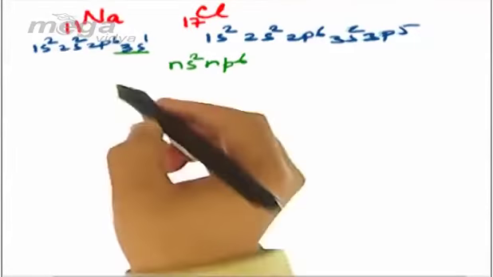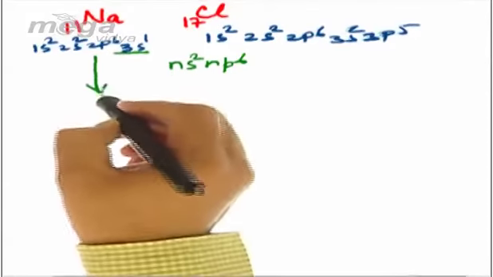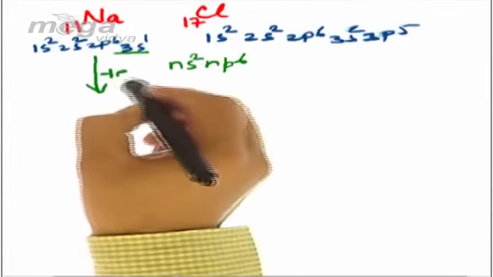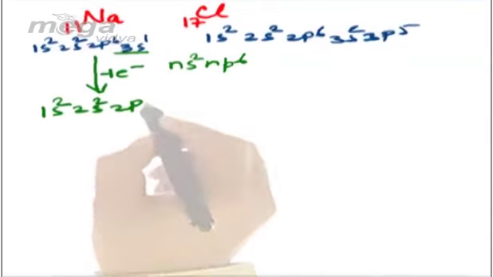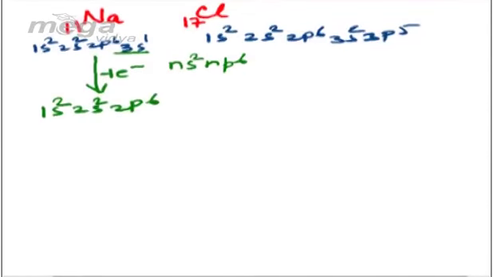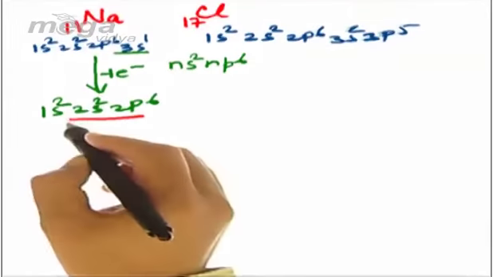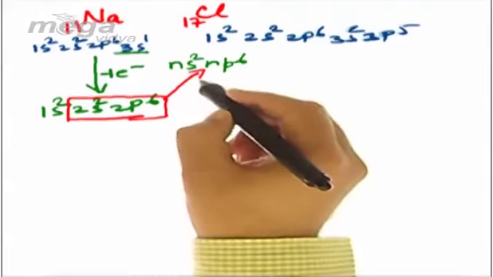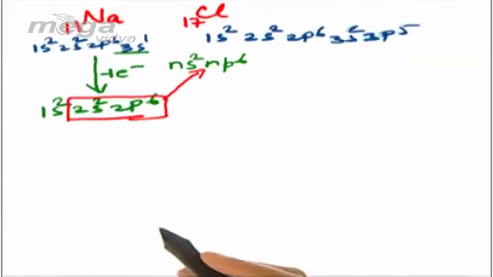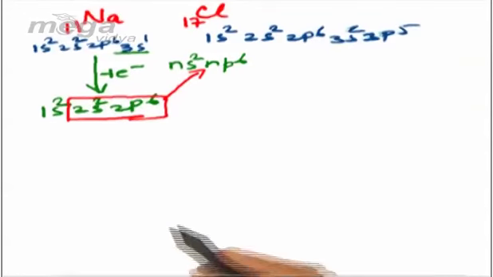So sodium will try to lose one electron such that its new configuration will become 1s2, 2s2, 2p6. Hence the outer shell, that is the second shell, has got 2s2, 2p6 configuration, which resembles ns2 np6. Hence it will now attain inert gas or stable configuration.